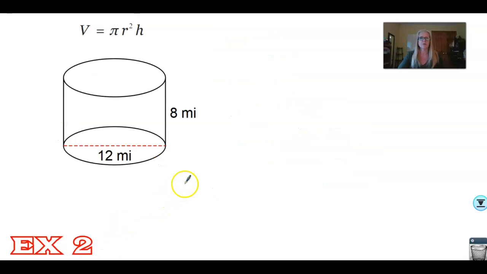Now, this example is one where they've given you the diameter. So one of the things you're going to have to do here is cut that diameter in half to find out what the radius is. So for volume, that's the ugliest V of the day. For volume, we're going to use 3.14 for pi times the radius. Now, if the diameter is 12, the radius is half of that.